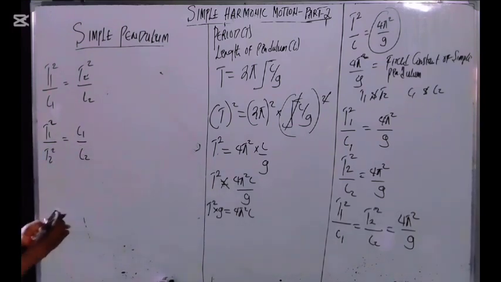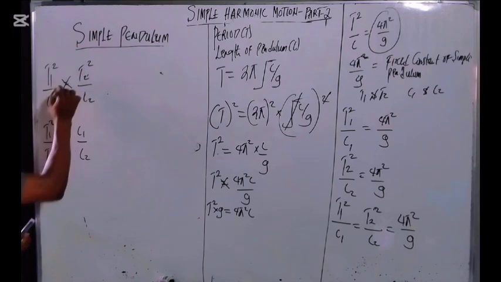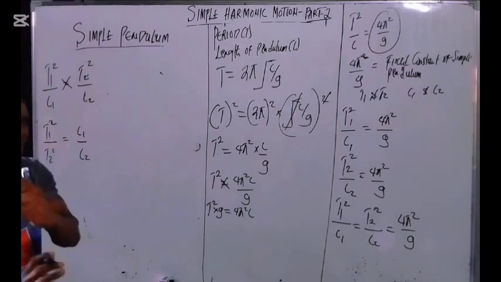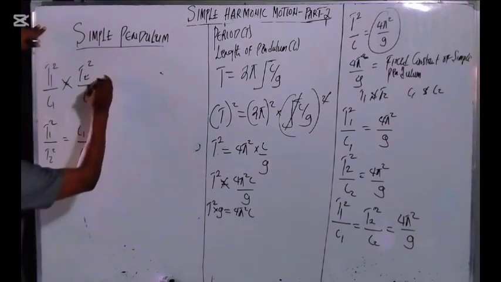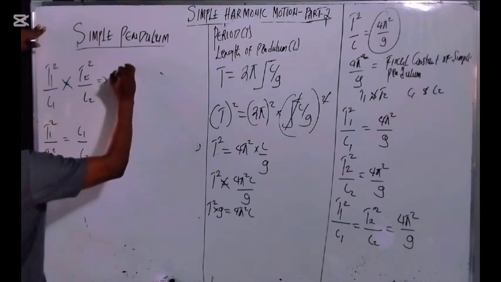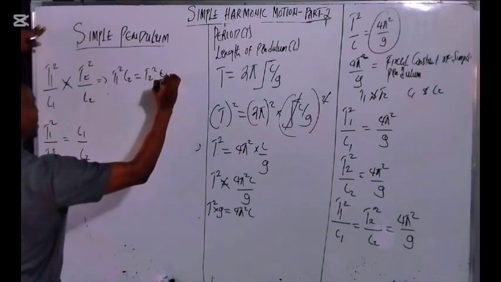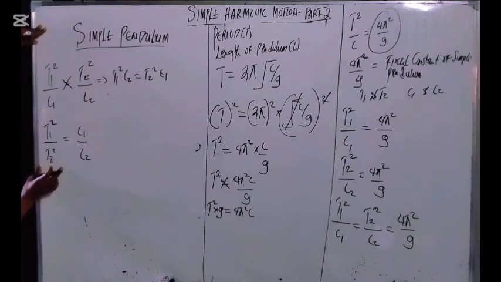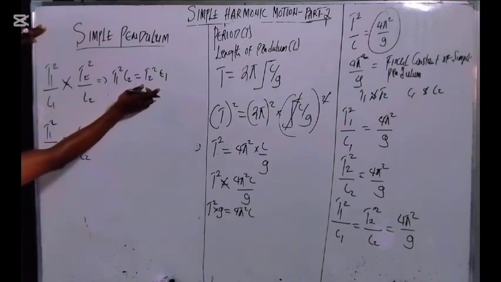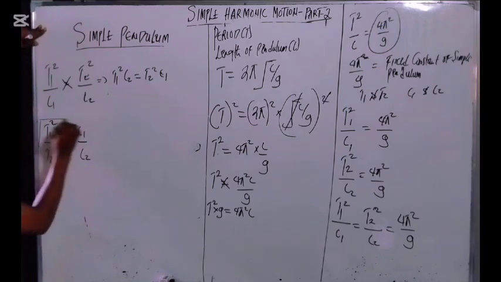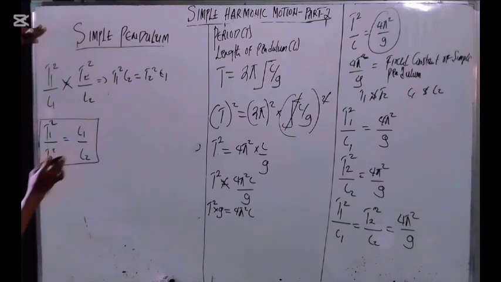Is it okay? Now when you cross multiply, it's going to be T1 squared L2 equals T2 squared L1, right? Which is also the same as this guy here, because if you cross multiply this one you get this one, right?